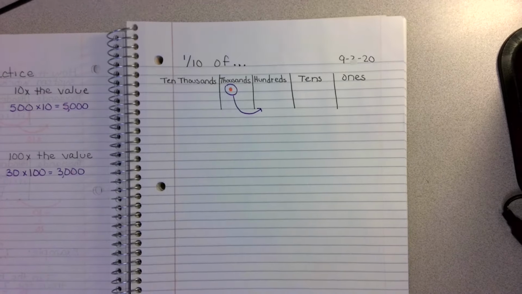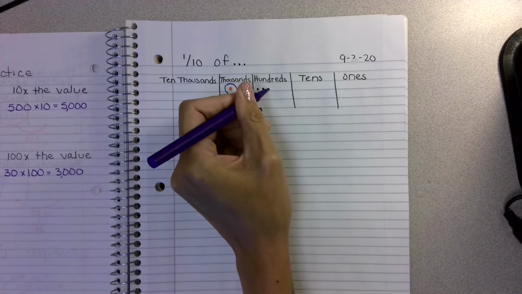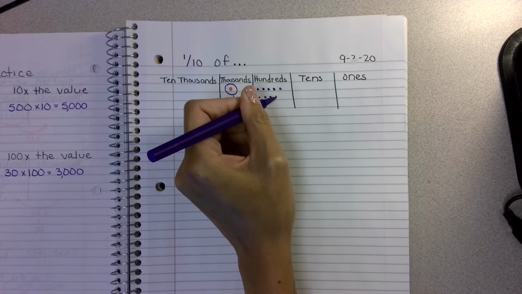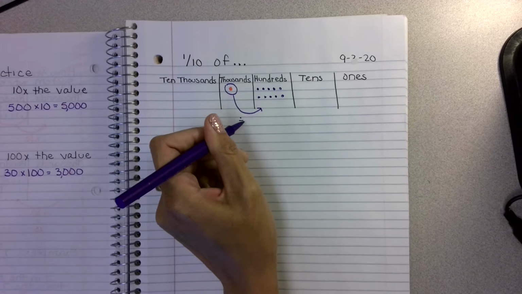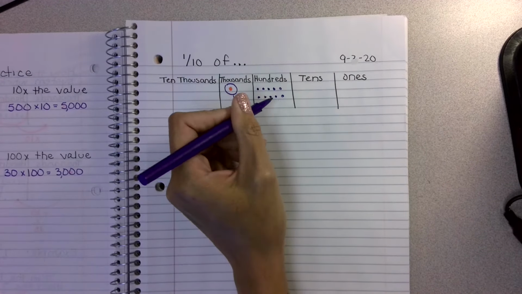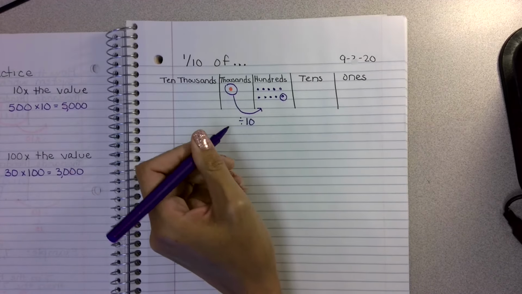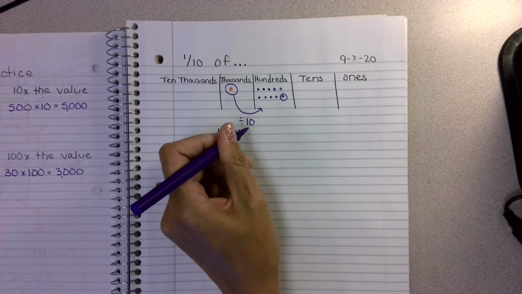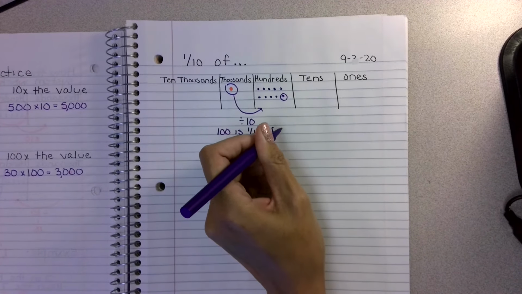So that would end up being 10 hundreds. Okay, so I just divided it by 10. So another way to say it is 100 is 1/10 of 1,000.